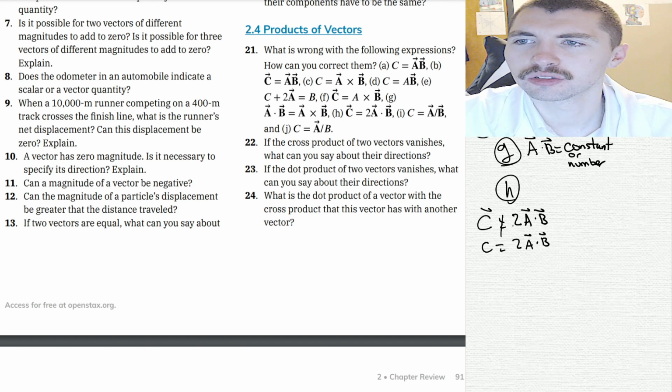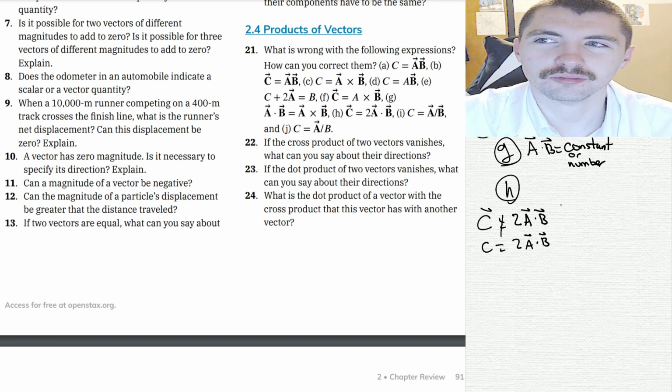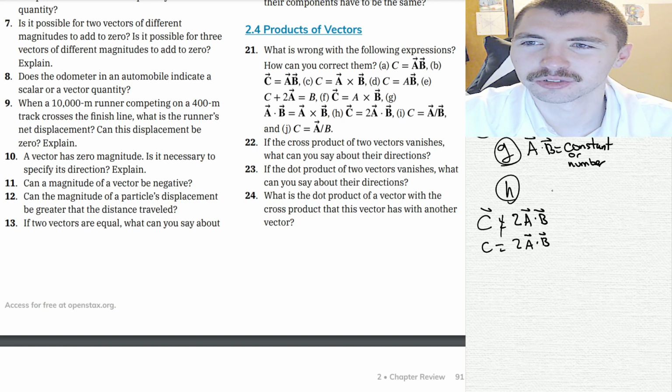And also, I don't know what the order of operations is. I'm guessing it's the same, so it's like parentheses, exponentials, multiplication, addition.